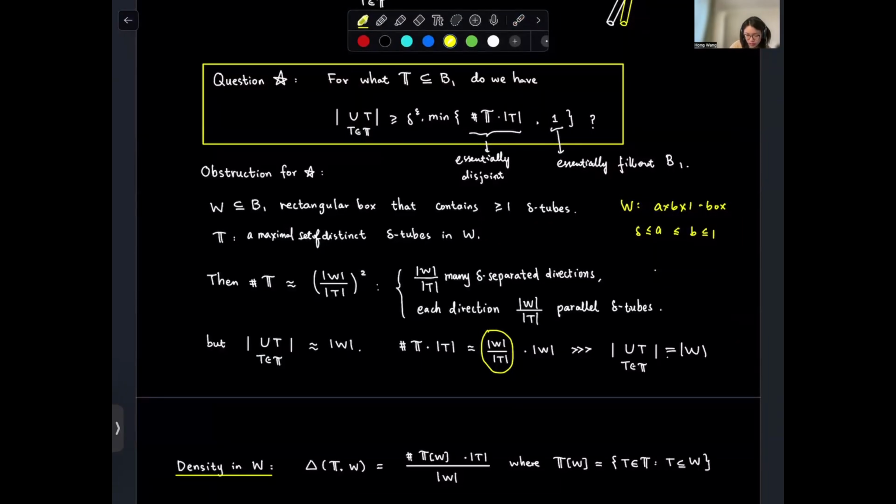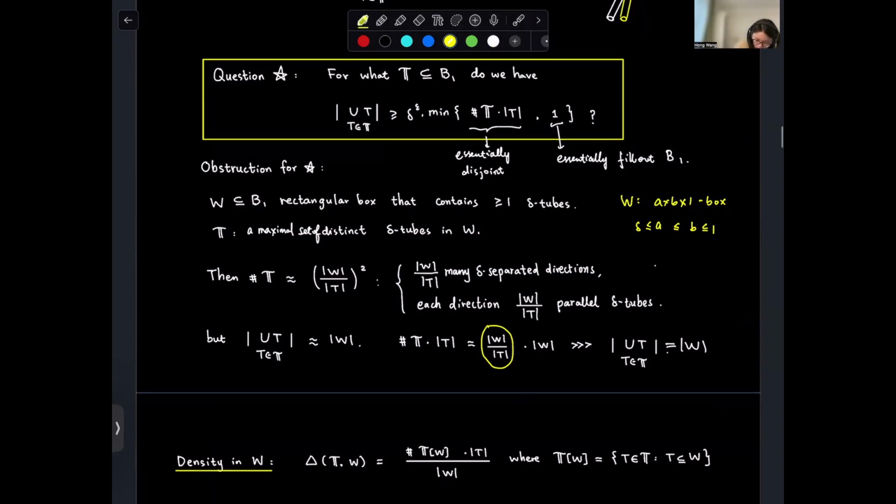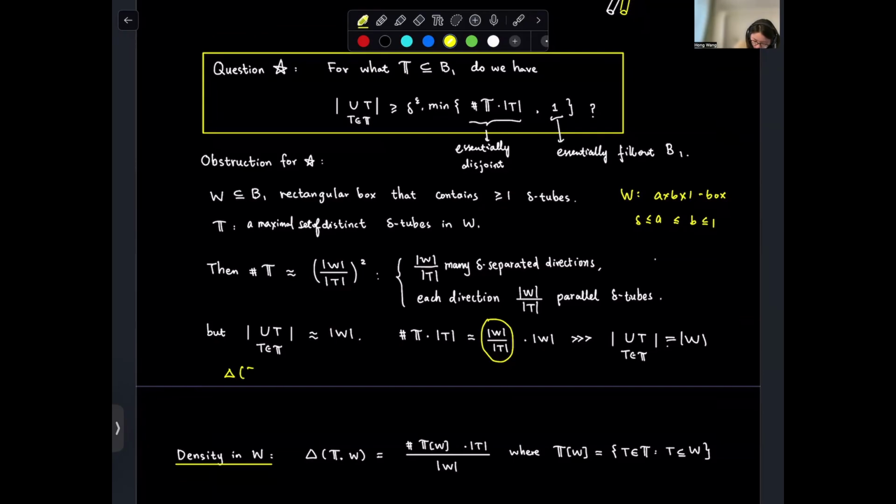Let's try to digest this definition and notation. Now, for this example, what is the density of T in W?